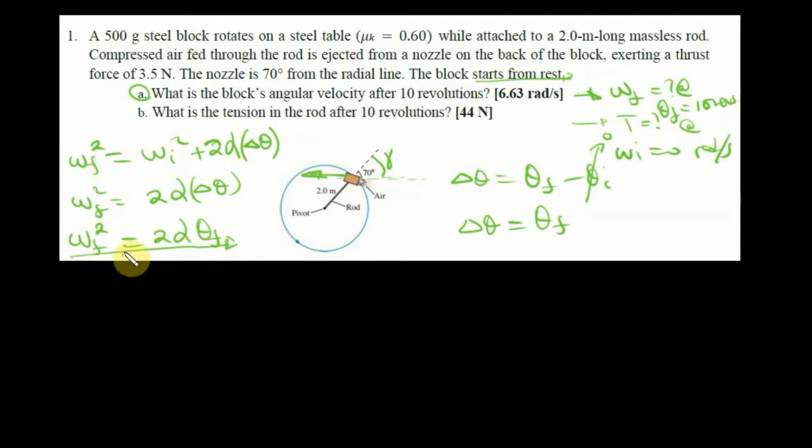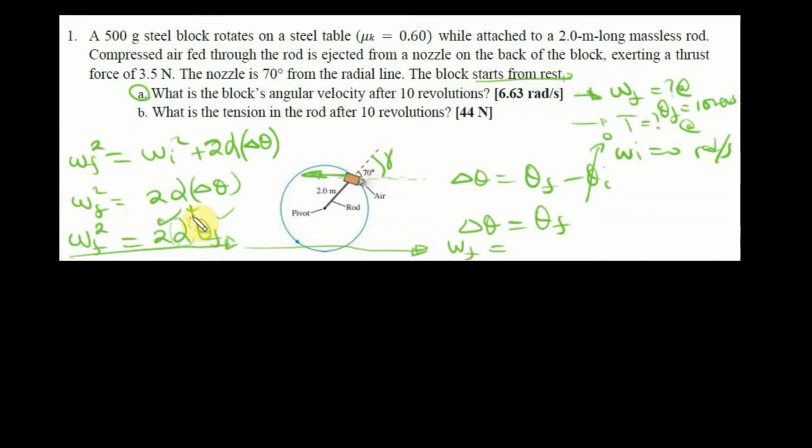So from here, if we know alpha and theta final, and the 2 is just a constant which we also know, alpha is the only unknown at the moment.